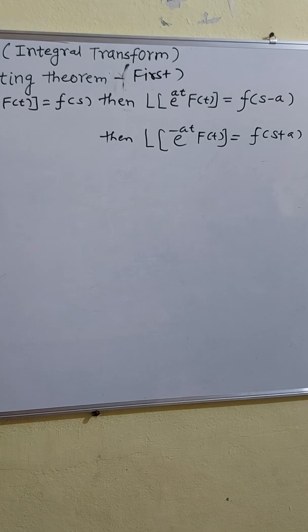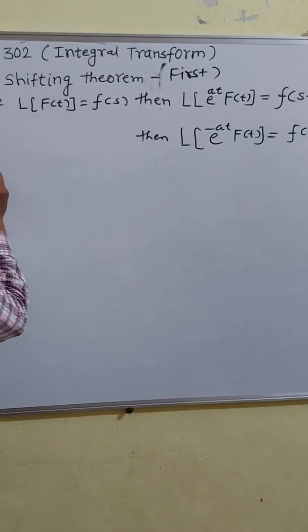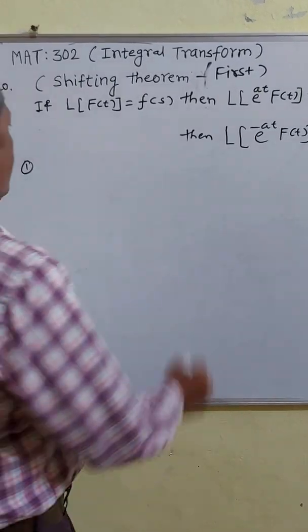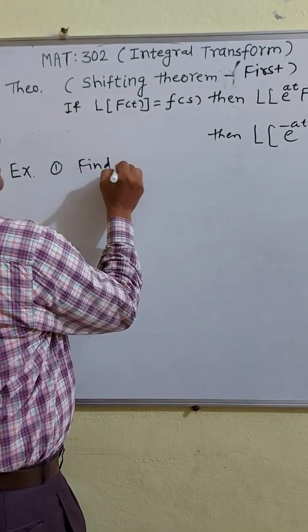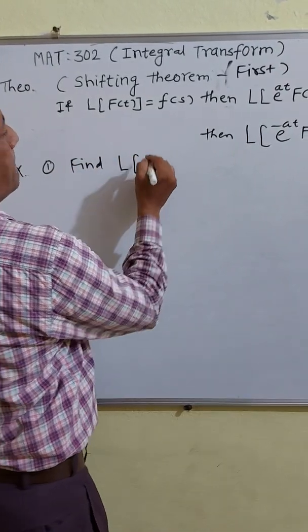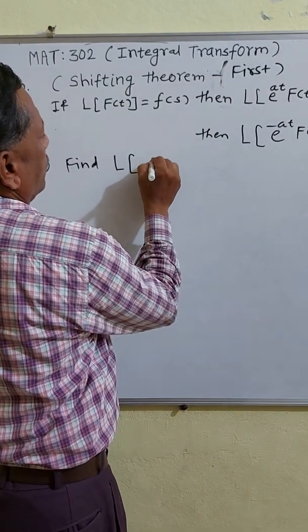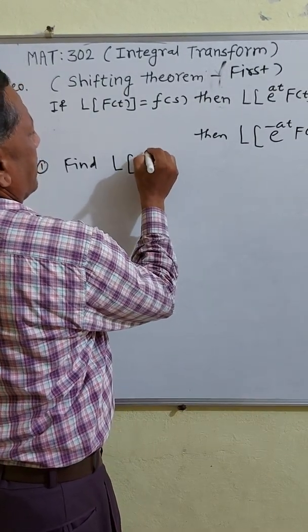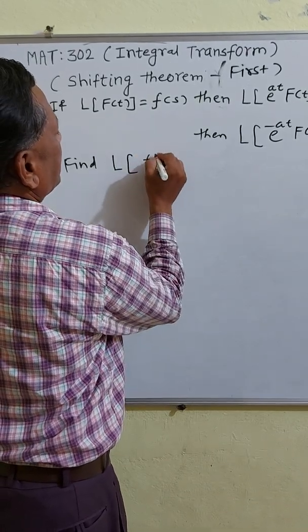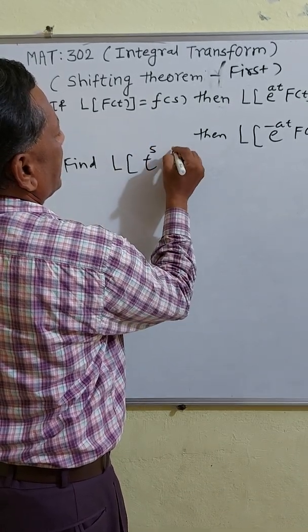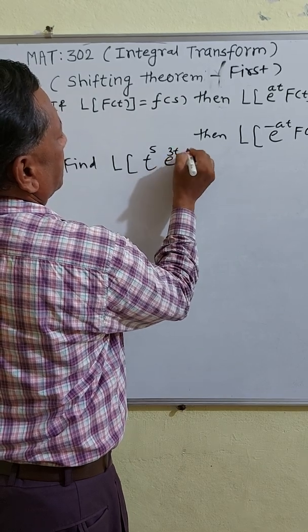Example number 1. Find Laplace transform of t raised to 5 into e raised to 3t.